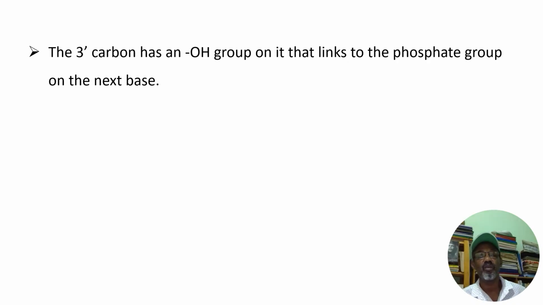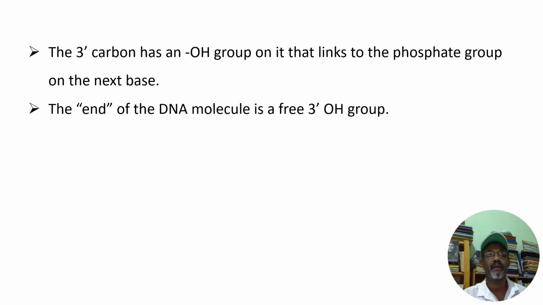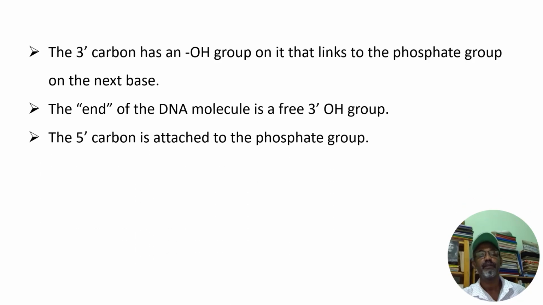The 3' carbon has an OH group on it that links to the phosphate group on the next base. You can see the end of the DNA molecule is a free 3' OH. As we join nucleotides, phosphate sugar, the end of the DNA molecule is a free 3' OH group, and the 5' carbon is attached to the phosphate group.